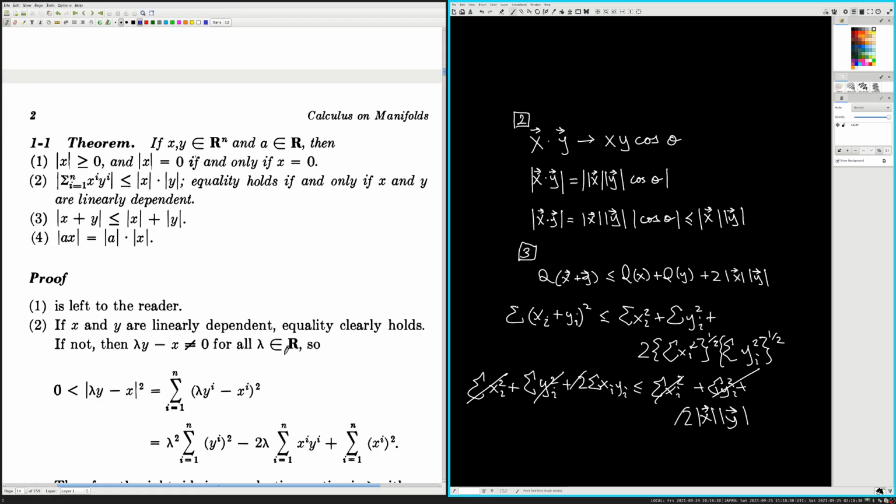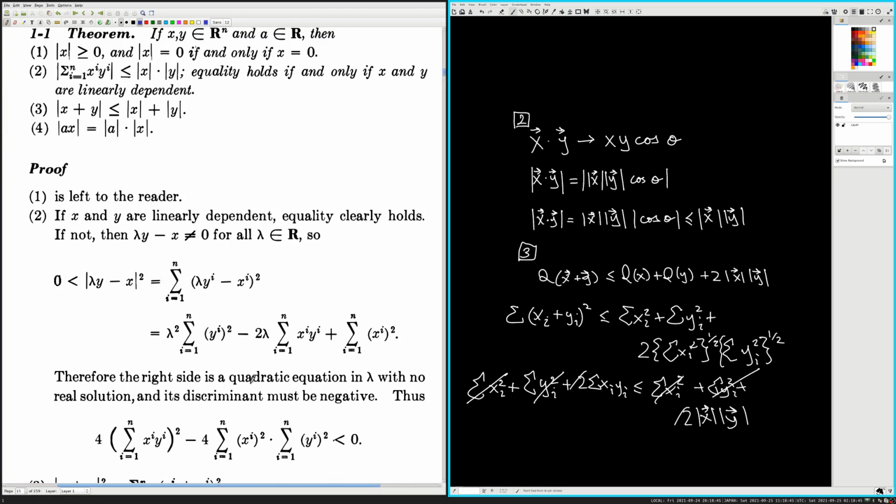I gotta think about that. Anyway, I don't know. I'll just go with my physics explanation. If not, then lambda y minus x is not equal to 0 for all lambda, okay? Right, that's the definition of independent.